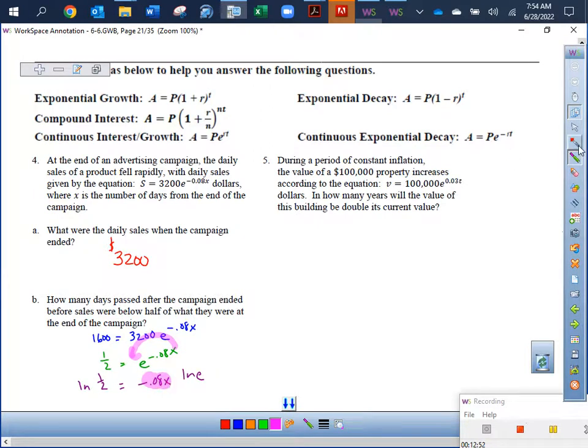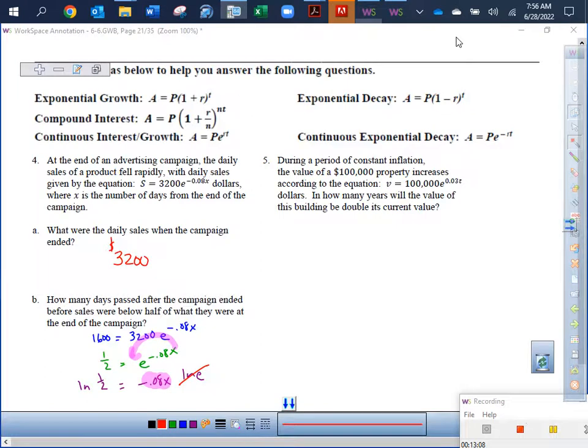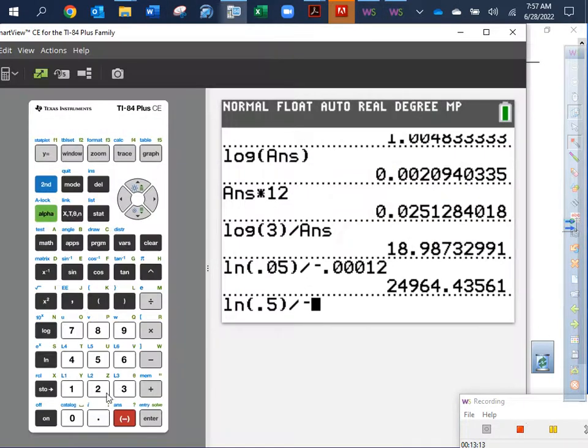And natural log of e is there. That's a beautiful thing because that's 1. To solve, I just need to divide by negative 0.08. So I need the natural log of 1/2, which you can put as 0.5 if you want, divided by negative, is it 0.08 or 0.8? It's 0.08, right? So nice. Divided by negative 0.08.